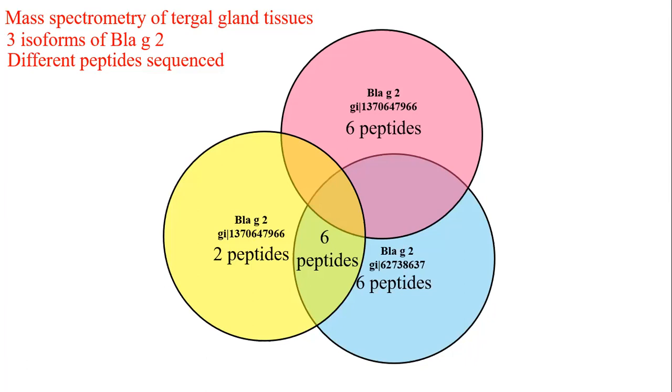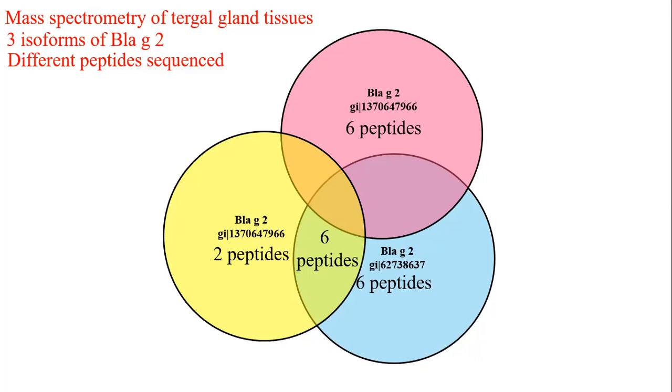Mass spectrometry of the Tergal gland tissues found 3 isoforms, just as mass spectrometry of the Tergal gland secretions found 3 isoforms. And so the isoforms have overlap in terms of the peptides that were identified and used to track them. So for example, the first isoform in pink had 6 peptides unique to it identified.